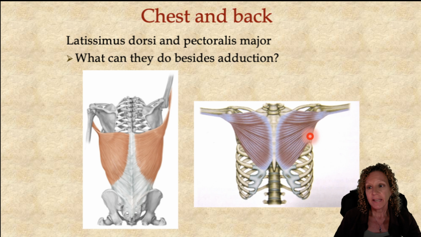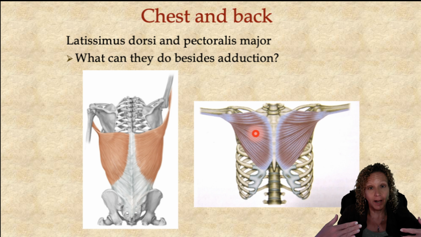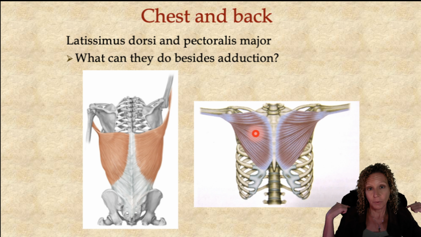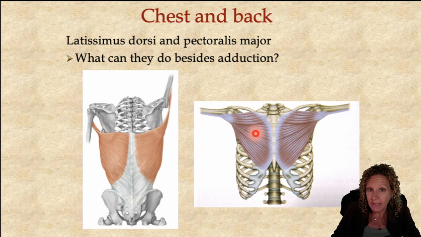And then taking a look at these adductors of the arm. The latissimus dorsi, with its origin all along the lumbar dorsal fascia, and the pectoralis major are inserting on the medial side of the humerus, both of them, but from different sides of the body. One is anterior, pectoralis major is, and then the latissimus dorsi is on the posterior side of your body. So while they're both adductors of the arm, they can do some slightly different things.